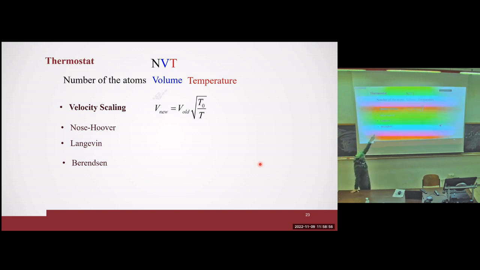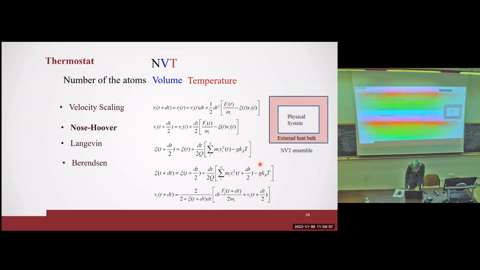We have other methods: Nosé-Hoover, Langevin, Berendsen, and Nosé-Hoover is the default for this class. So if you want to use Nosé-Hoover, there is no need for extra settings. Actually the basic idea is not that complex, though the calculation is. It's based on an extended system. It couples the system with an external feedback.